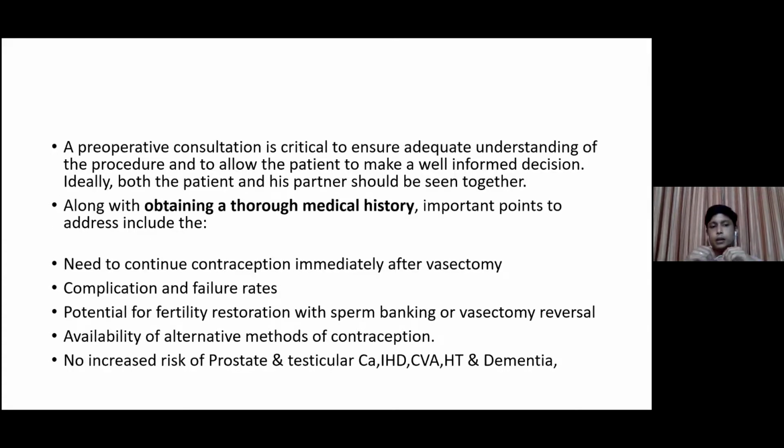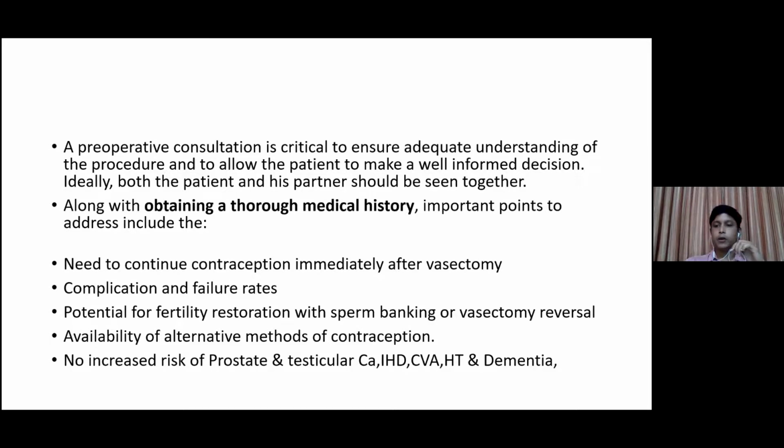Since litigation is high with vasectomy, all the guidelines suggest we give a preoperative consultation to the patient, which should include these topics. We have to take a thorough medical history, and the patient has to continue contraception for 3 months after the vasectomy, because we are just cutting the vas, so the rest of the system, the seminal vesicle, might still have sperm.